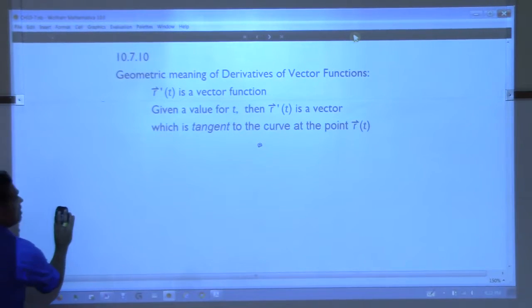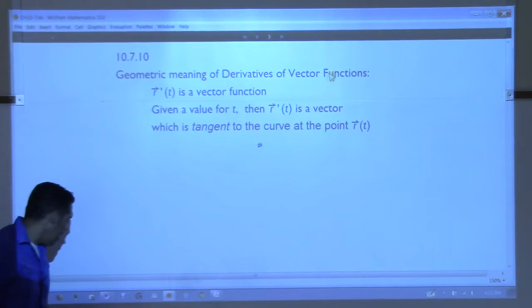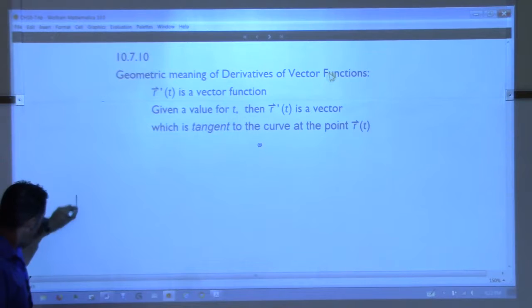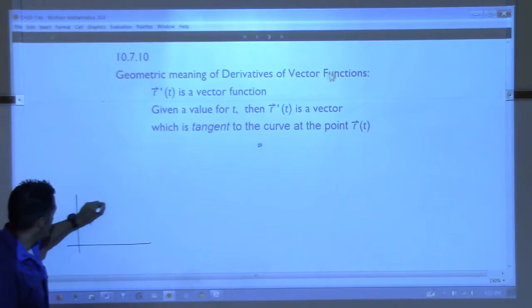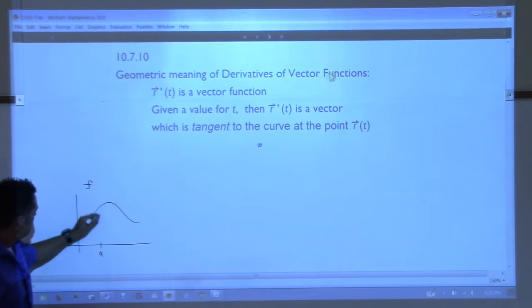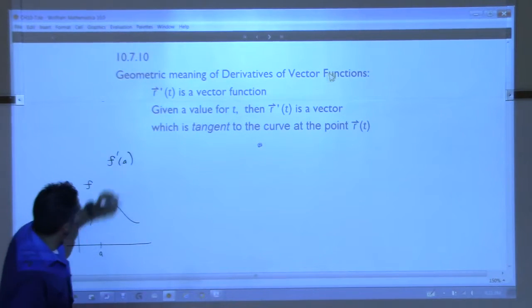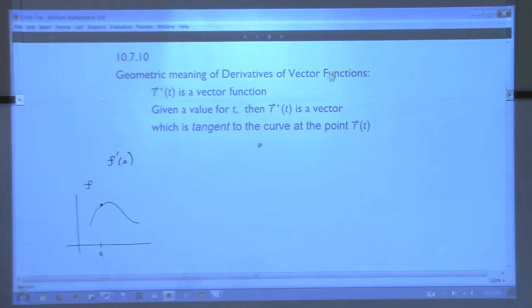Now, what is the geometric meaning of the derivative of a vector valued function? Back in Cal 1, if we had some curve f, and we went to some value a and asked what the derivative of that function at a represents, what about the tangent line?